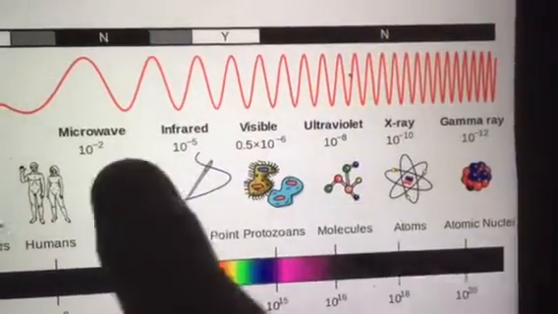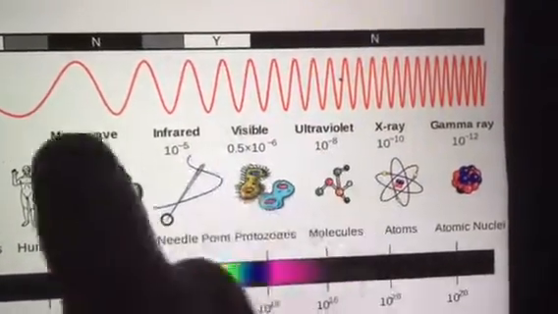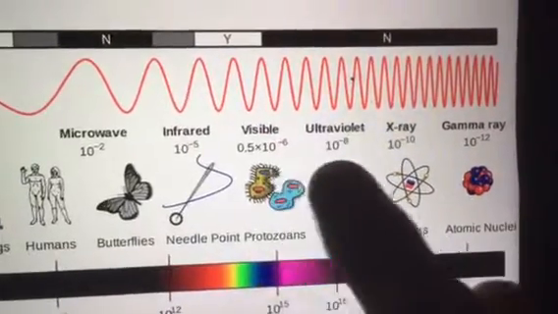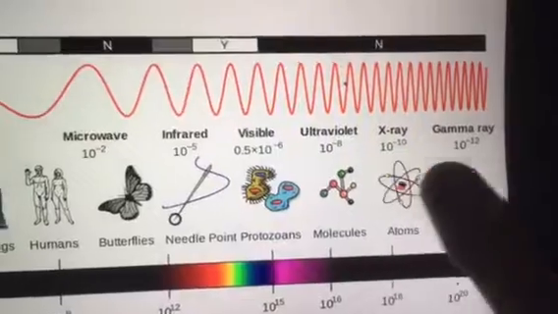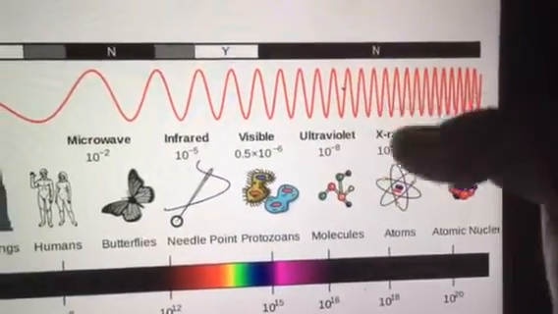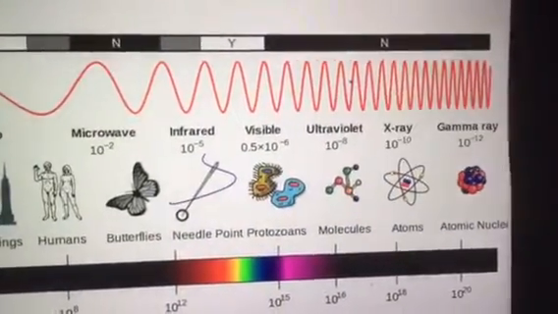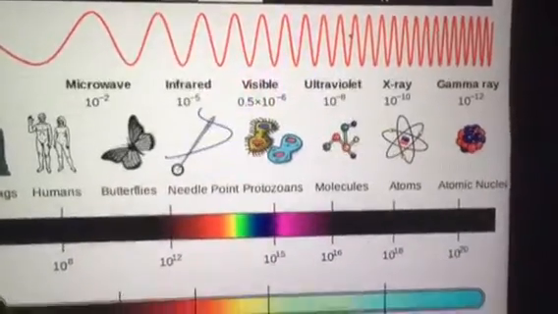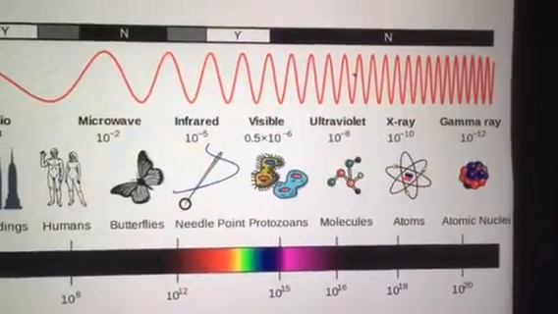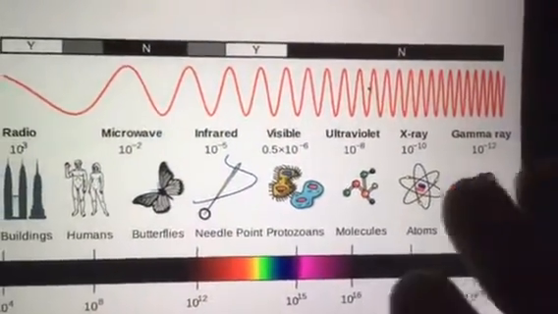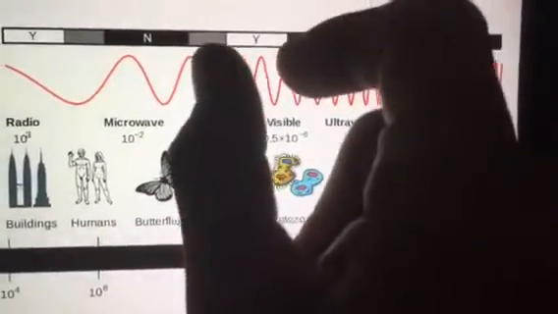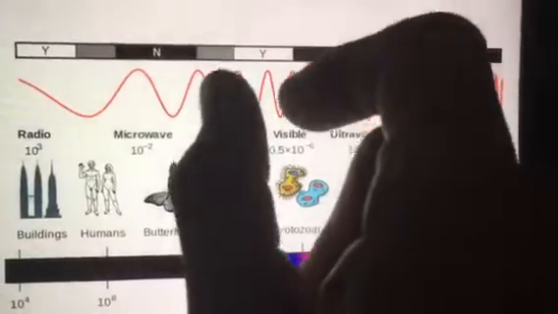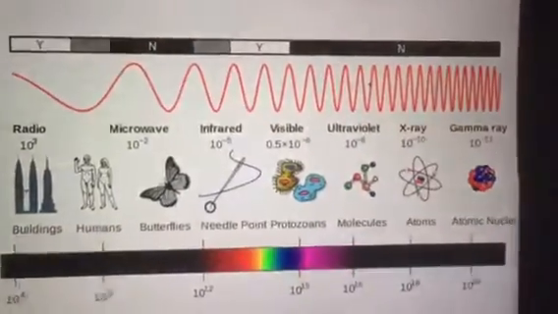It's pretty neat. Then past us, higher frequency, higher energy, is ultraviolet, X-ray, and then gamma ray. And gamma ray is very highly energetic, a tremendous amount of energy. Very strong, very strong. And so this chart kind of lets you know how little we can see in the universe. Just from our visual senses, we can only see this spectrum.